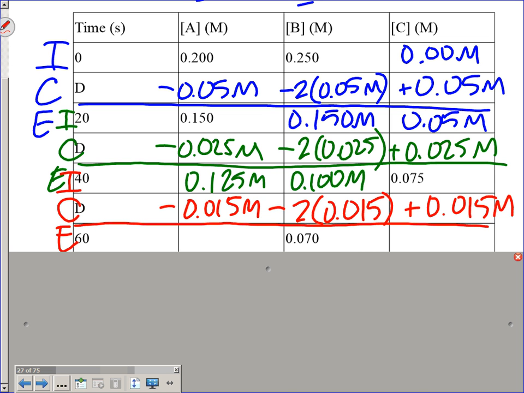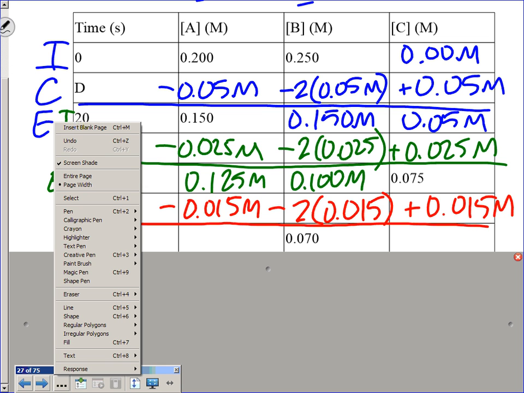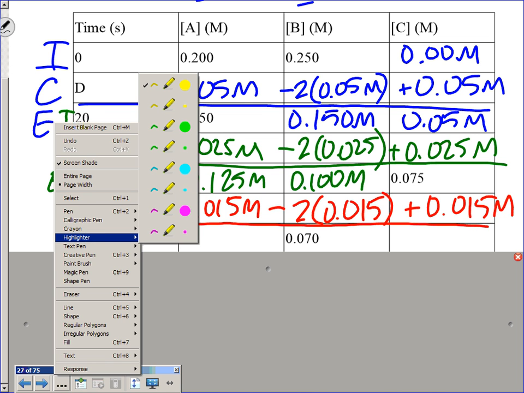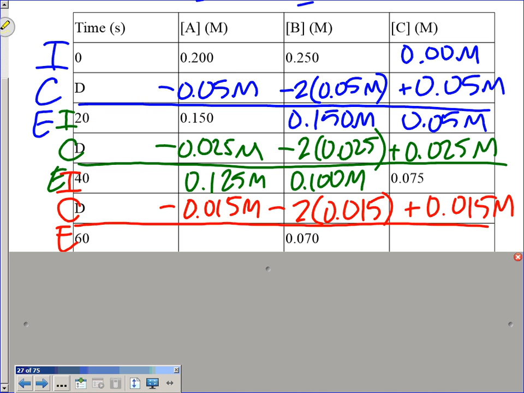Now, at this point, I'm not at equilibrium, because you'll notice that at equilibrium my values should be consistent. Like you did yesterday with the straws, 3 times had to be consistent. Well, I'm just going to go for B right now. At 20 seconds, it was 0.15.